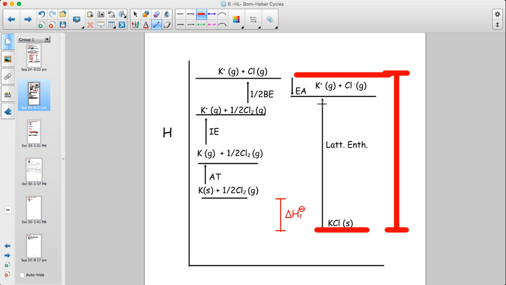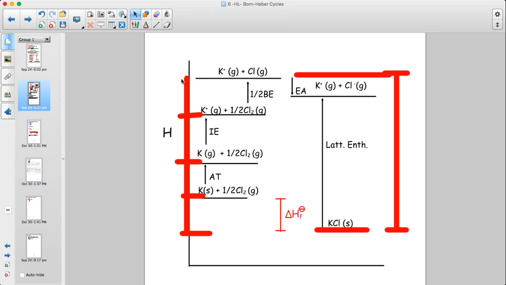These two enthalpy changes combined. Or you can look at bond enthalpy, ionization energy, atomization, and formation. So again, all those add up. So these two changes, lattice enthalpy and electron affinity, should add up in terms of their magnitude to these four enthalpy changes. Okay? So I'm going to erase these for the sake of note-taking.